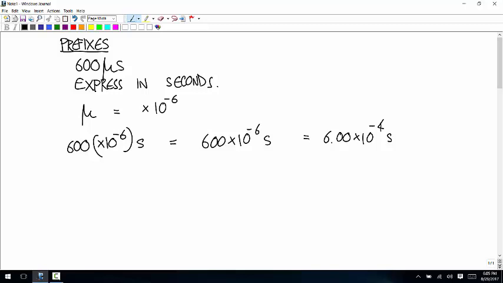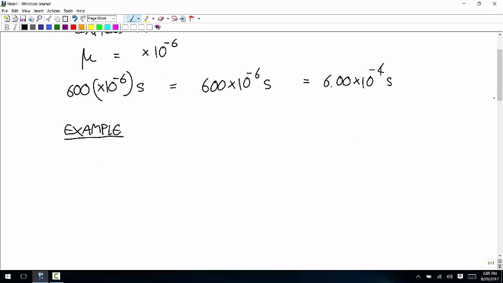The other way that you can go is, say you have 40 grams, and we want to convert that to kilograms.